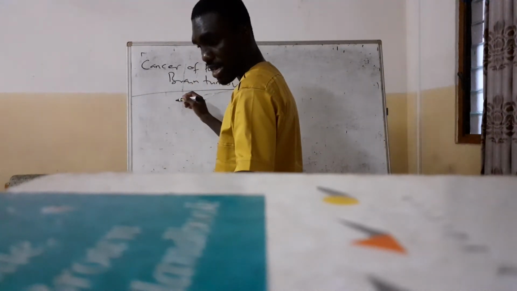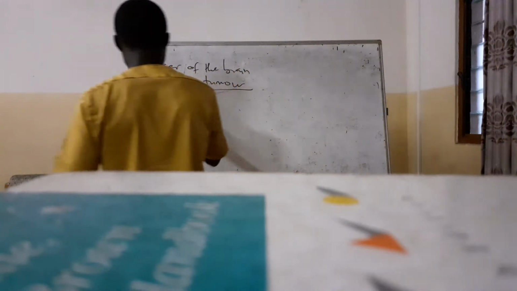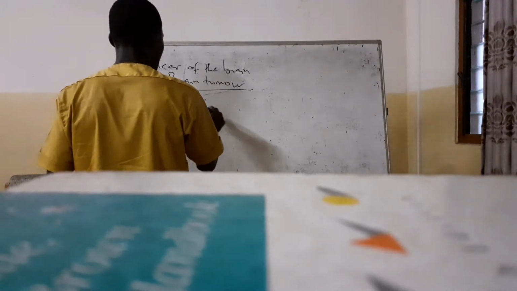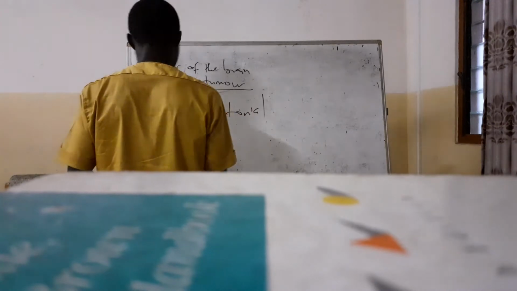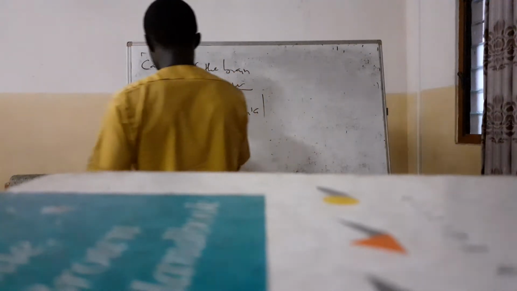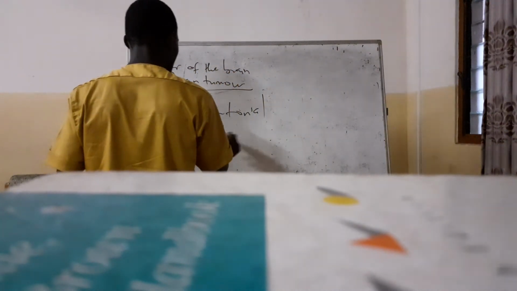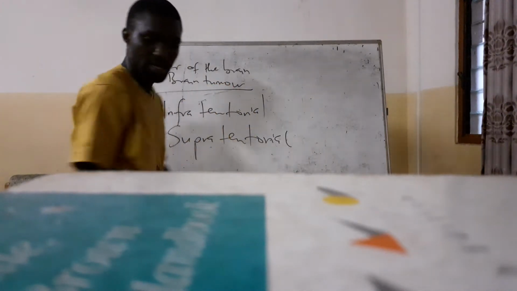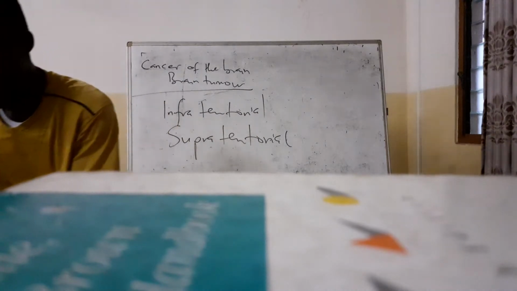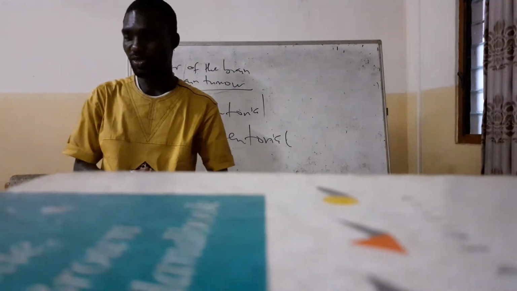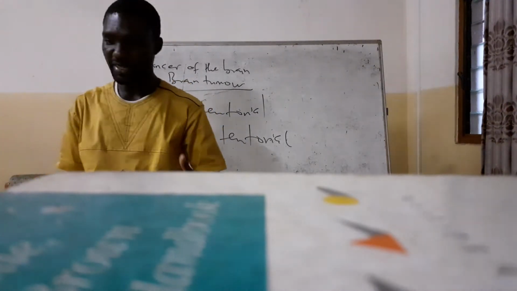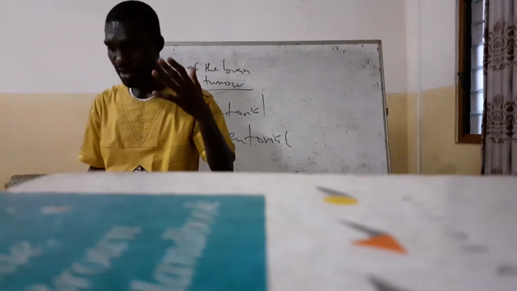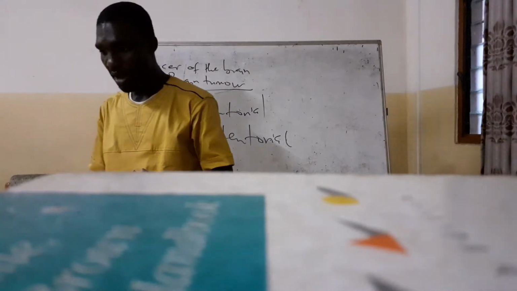We have the infratentorial type, and then the supratentorial. As the name implies, infra means below, while supra means above.